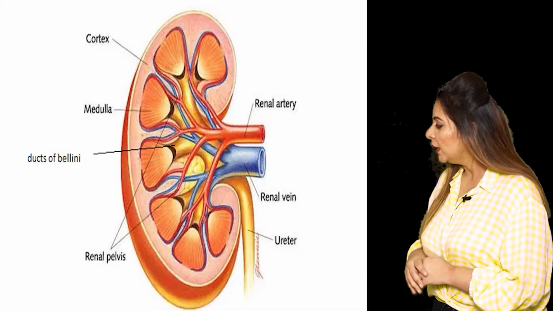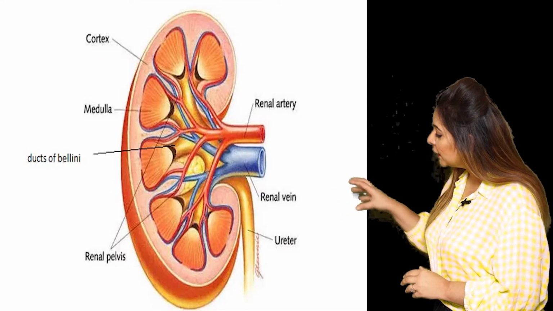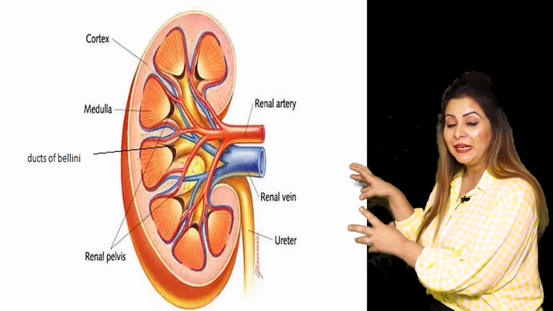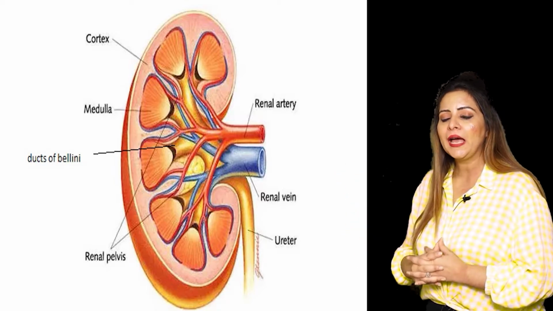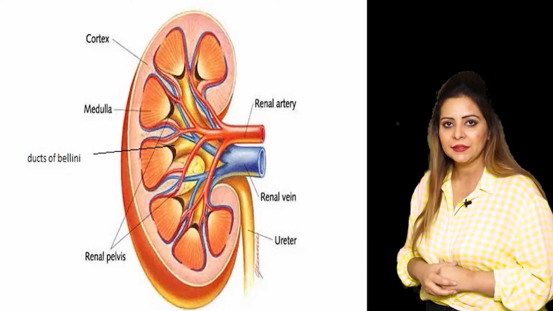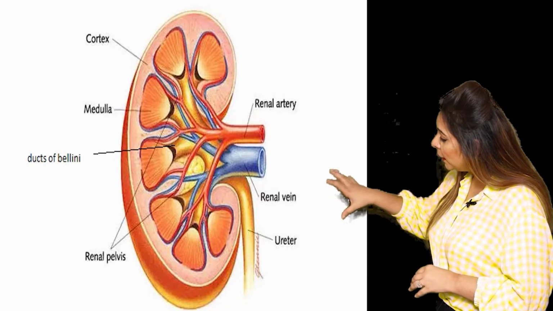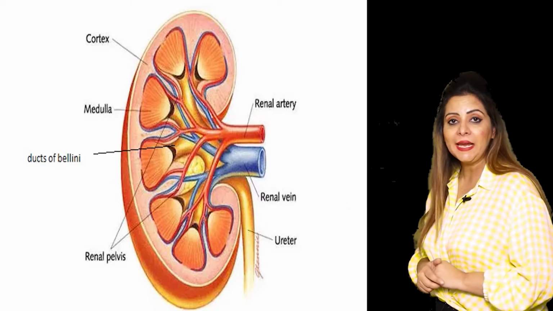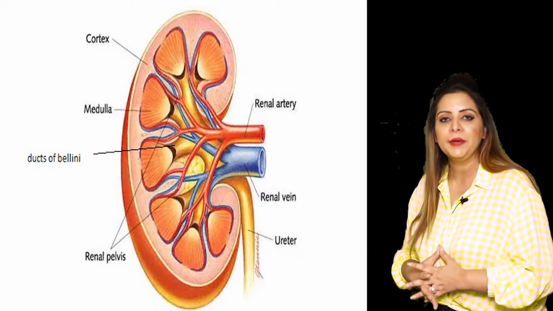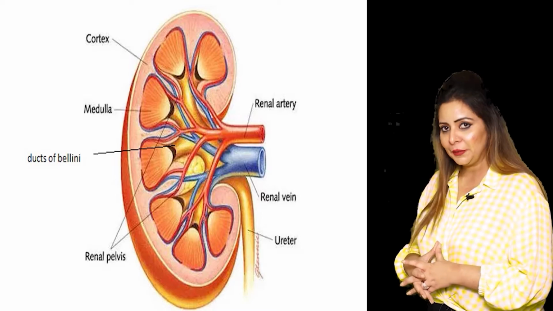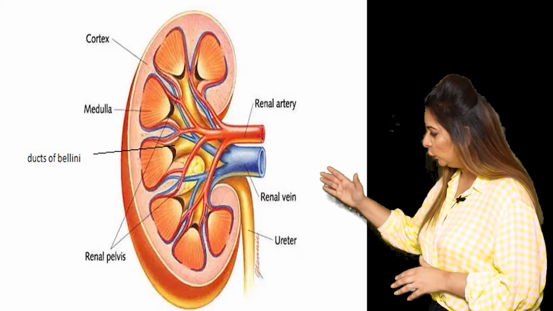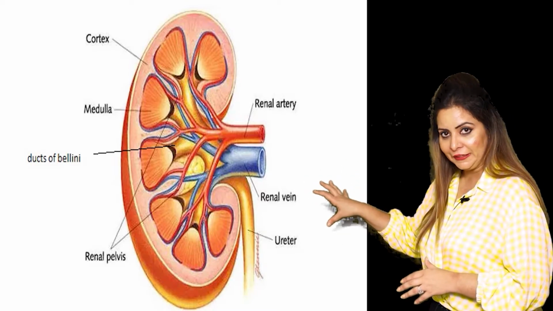Now in medulla, you can see that there are a few ducts which are linked together. They are called ducts of Bellini. And this pyramid sort of structure which you can see inside, they form renal pyramids. So cortex, medulla, the renal pyramids.